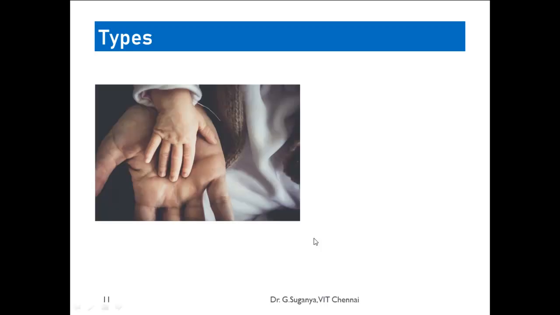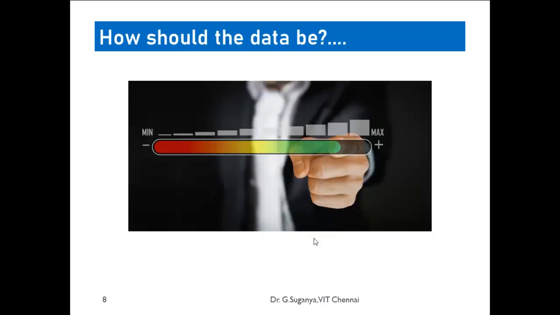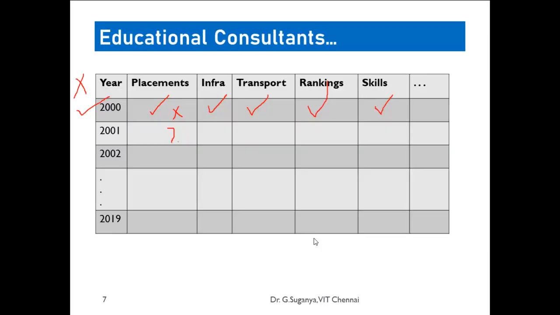Now we have been given a list of attributes, right? These are the attributes that we say are important to check whether we can get into a college or not, to give some sort of prediction. Whether all these things are of interest to all?